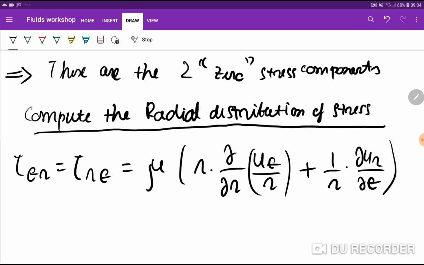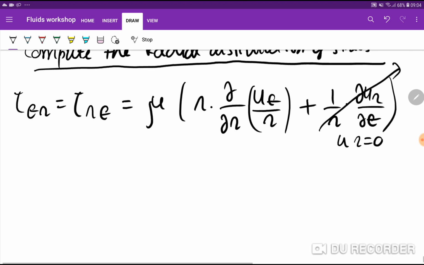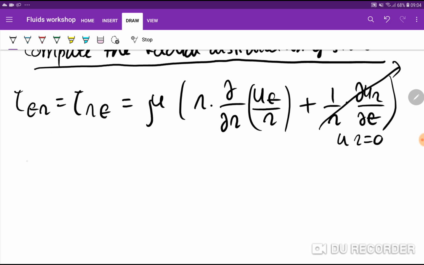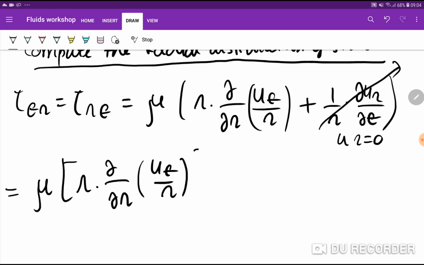Is there anything you can cancel out? Yes, this term goes away because ur is 0. So now our expression is mu times r times the partial with respect to r of u theta over r.